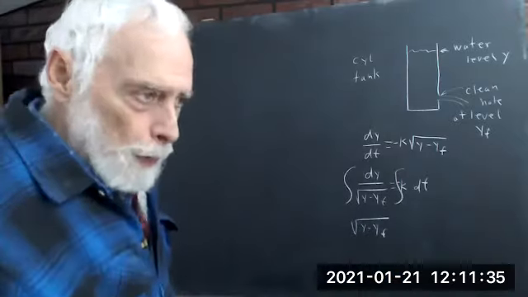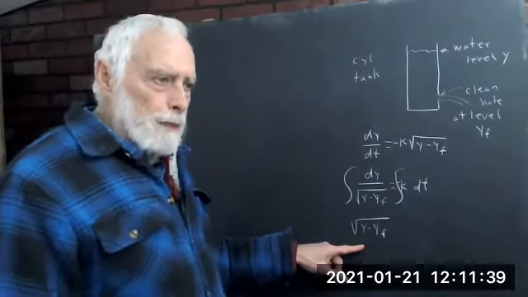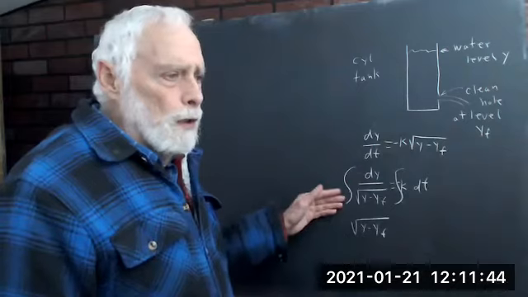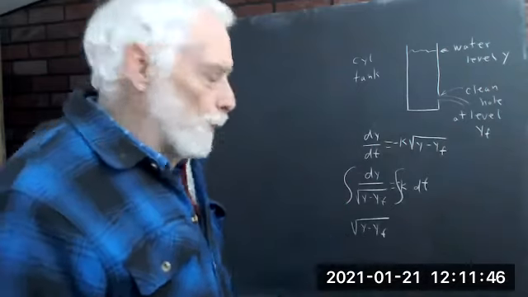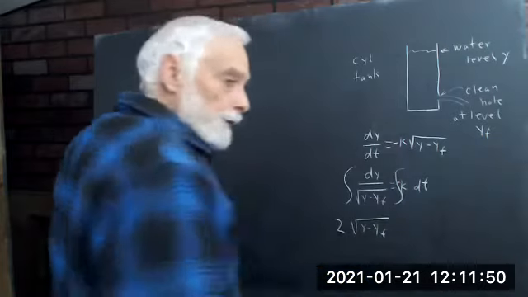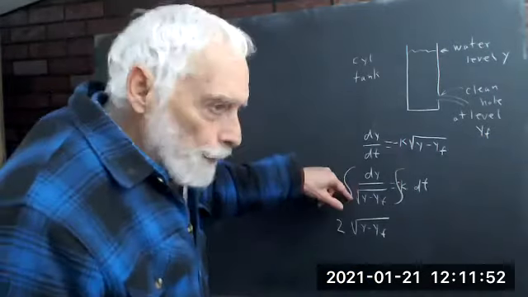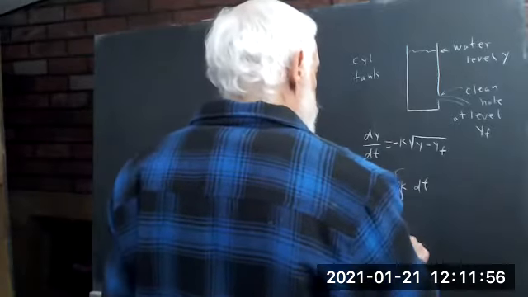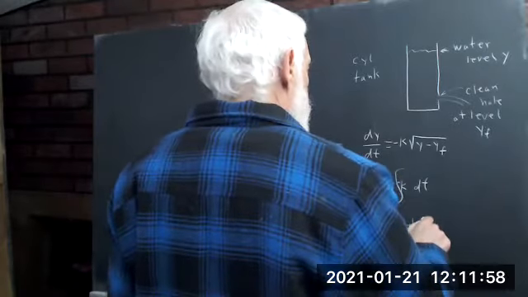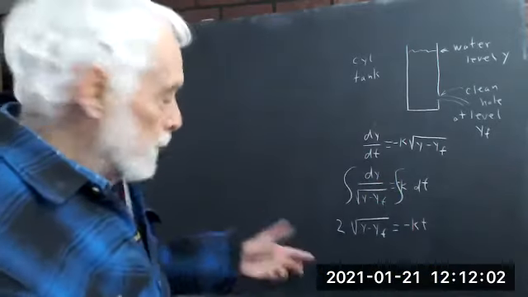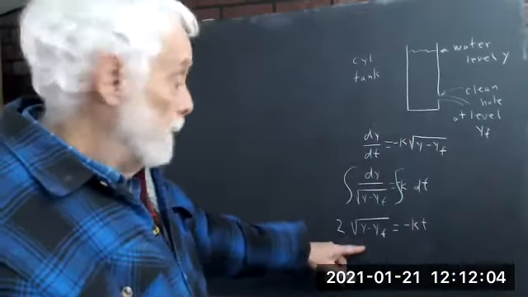just the square root of y minus y_f, except, check that, if you take the derivative of the square root of y minus y_f, you get 1 over 2 times the square root of y minus y_f. So it had better be 2 times this, so the derivative matches this function. And this is negative kt. And there's your solution. You've got your function y right here.